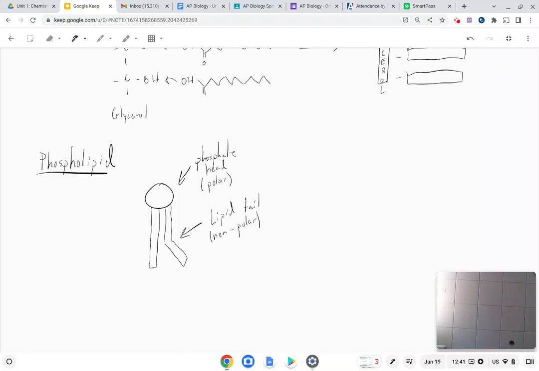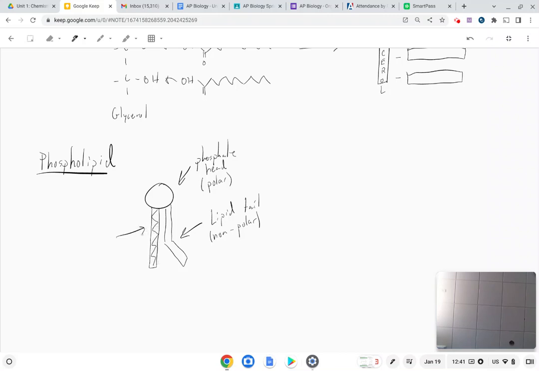We'll get many more details about phospholipids when we get to Unit 2, which is the very next unit, actually. Anyway, just know that phospholipids are also composed of these chains, right? So you've got the zigzag.